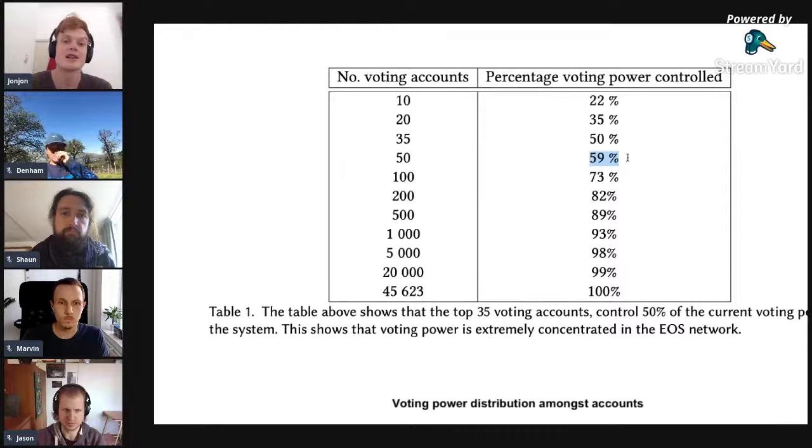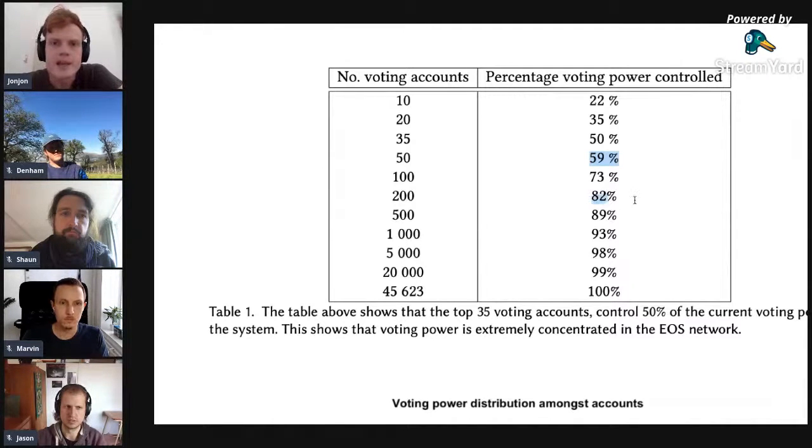That's 50 voting accounts, and these 50 voting accounts are controlled at most by 50 people, but they could be controlled by 20 people. And that's the majority of voting power deciding who these 21 block producers are. So already alarm bells are going off. That doesn't seem so decentralized, does it?